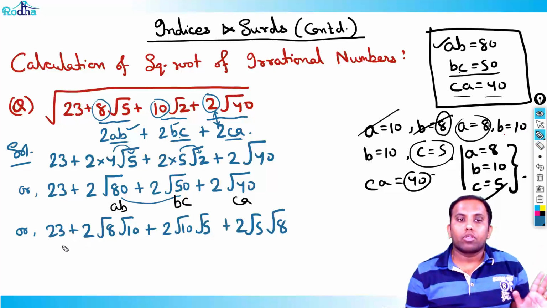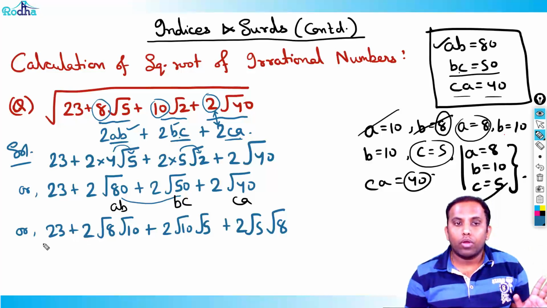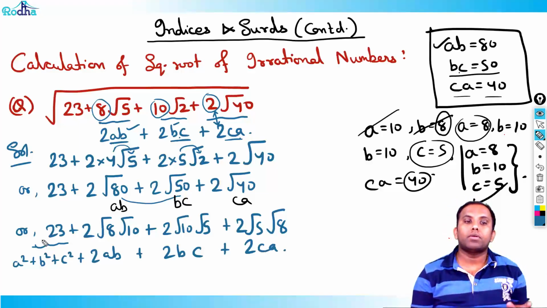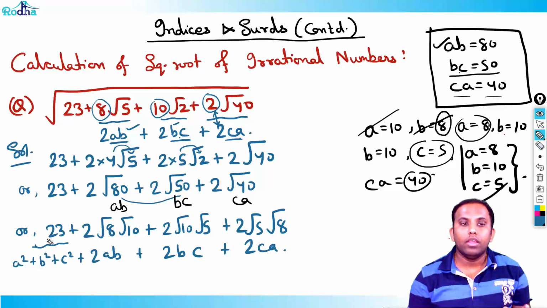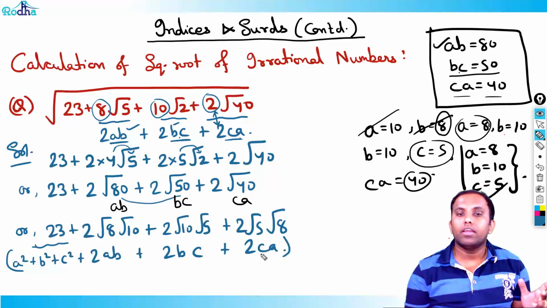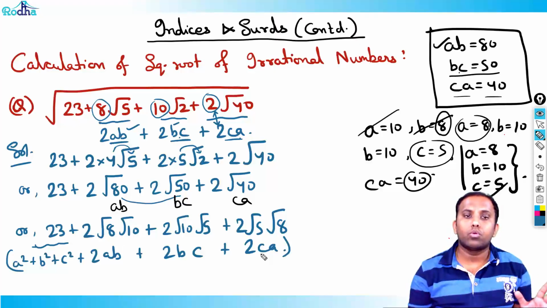Still, our purpose is not served. It is converted to A square plus B square plus C square plus 2AB plus 2BC plus 2CA. Now our logic will remain the same as per the last one: we have to do hit and trial, exempting the root here. We don't need the root here.